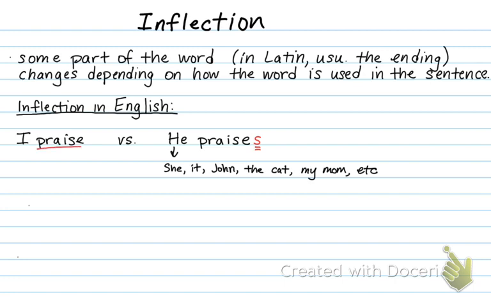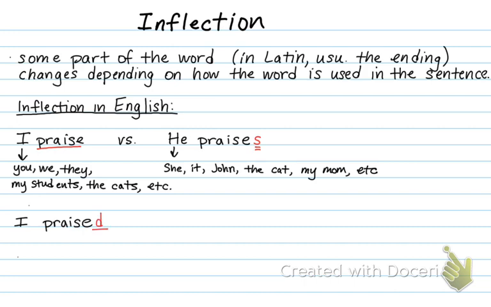The form of the verb praise can only be used with other different subjects. So, for example, I praise, but also you praise, we praise, or they praise, or we can substitute specific nouns for the pronoun they, like my students praise or the cats praise.